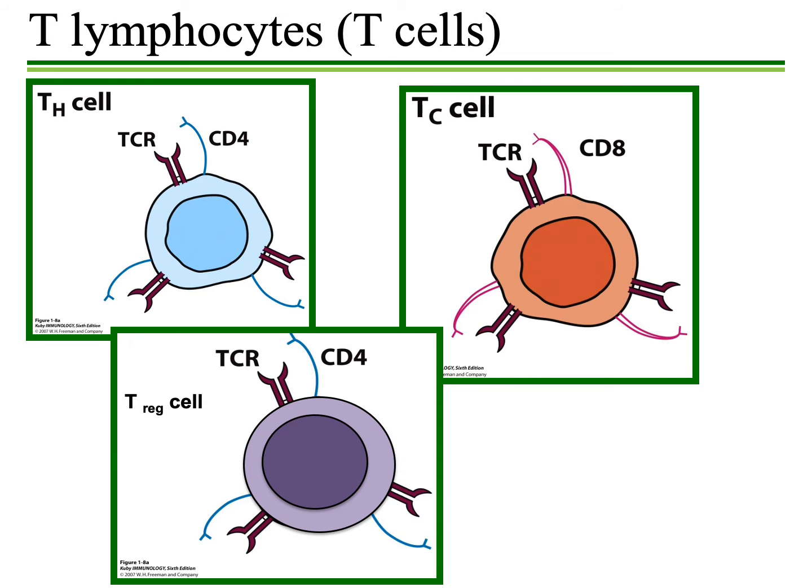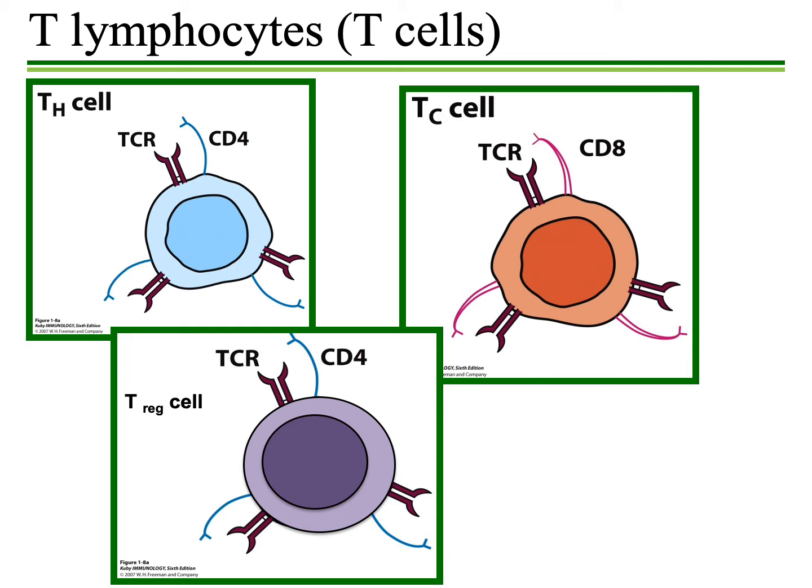Cytotoxic T cells are T cells that play a role in eliminating altered or damaged self cells, particularly those that have been infected with a virus or tumor cells. So we've encountered this concept a few times already throughout the semester, the term altered self cell. This is a self cell, again, that has been altered in some way.